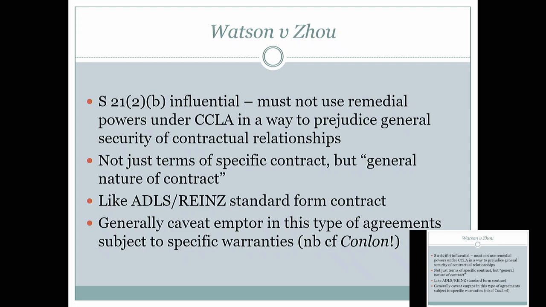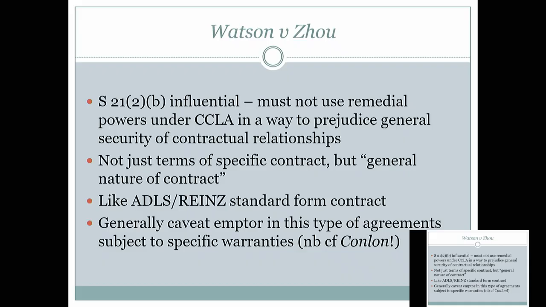That is changing the general assumption of caveat emptor in that particular instance for that particular problem, which is asbestos. But if you don't have a specific warranty, then generally under these types of contracts, the risk is on the purchaser.